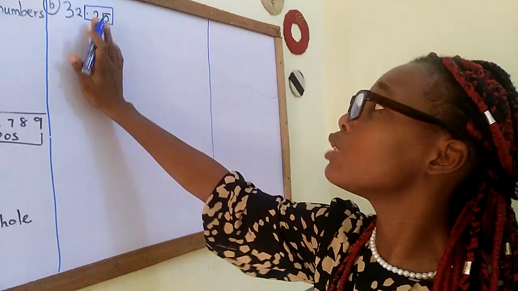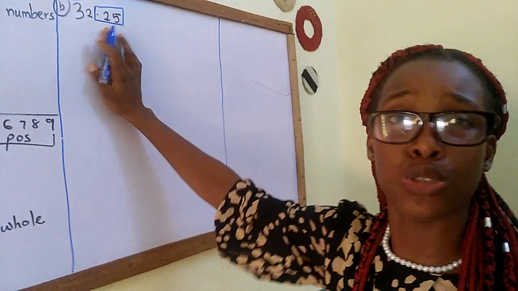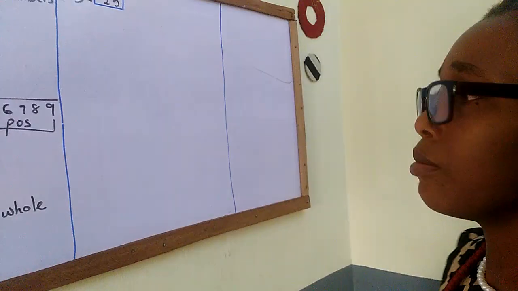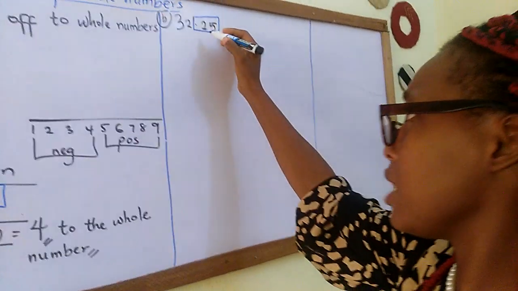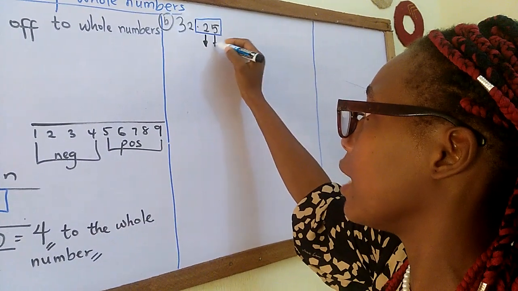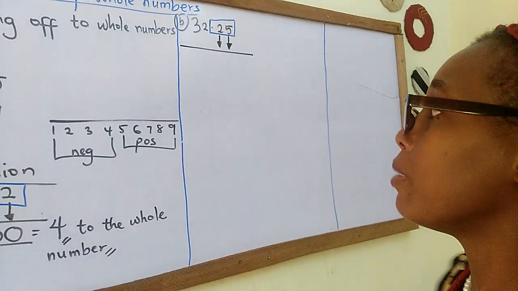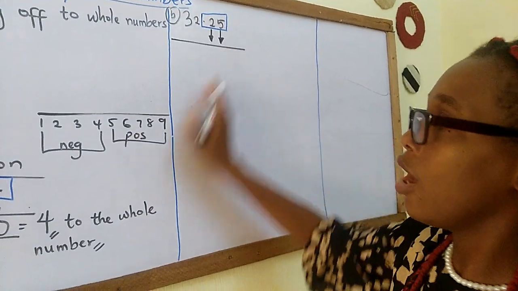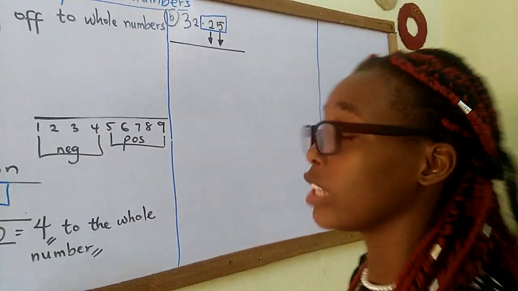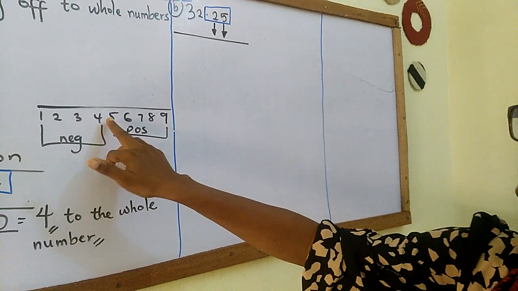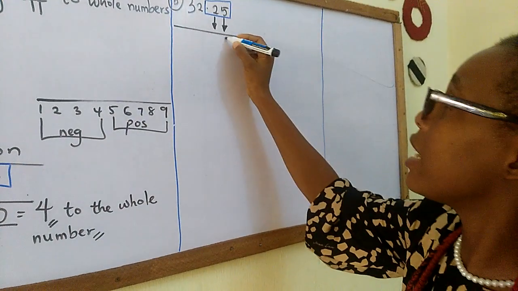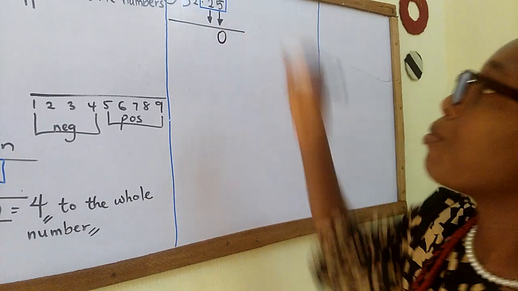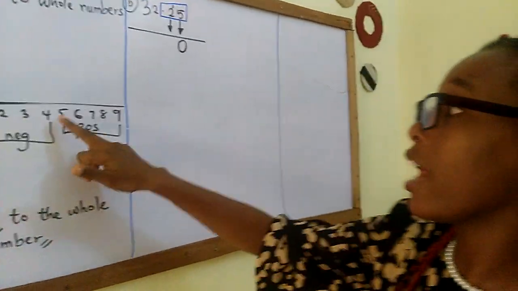To eliminate the ones on the right, we have to find out if they belong to the negative side of the number line or the positive side. Now this is 5. Is 5 positive or negative? 5 is positive. That means we can write that 0 and take 1 up because 5 is positive.